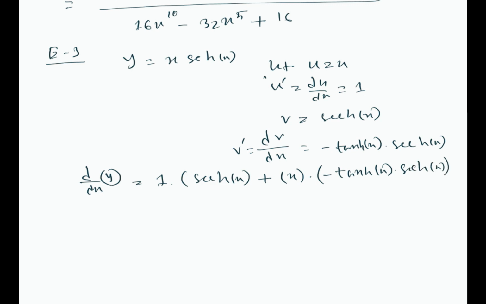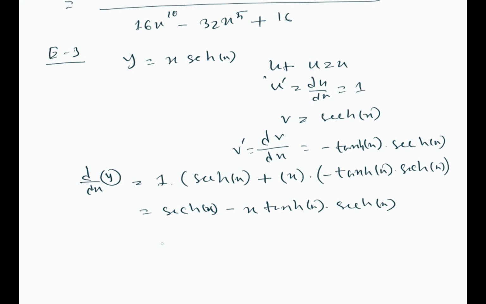Okay, so we can simplify it a little further. Hyperbolic sec of x, this is x, and then minus x hyperbolic tan of x times hyperbolic sec of x. So this is the final answer for this question.